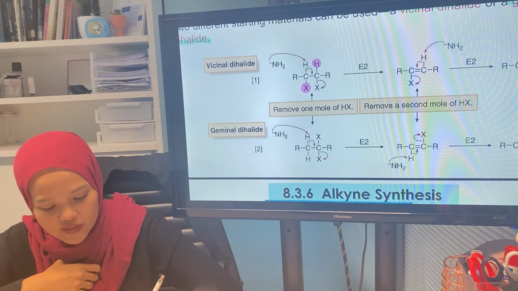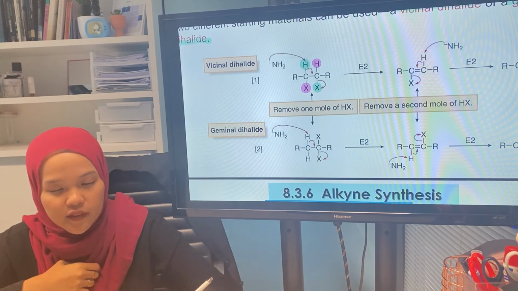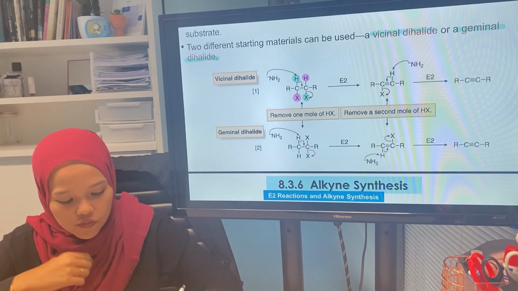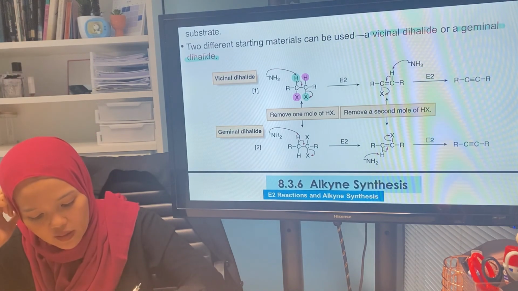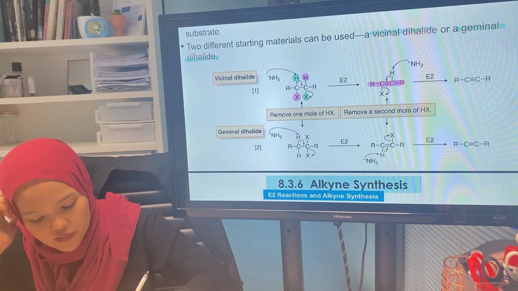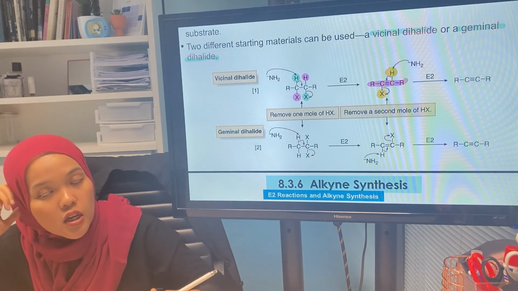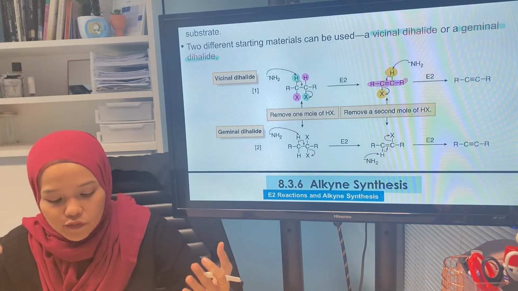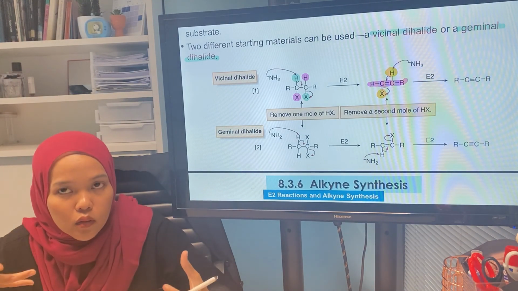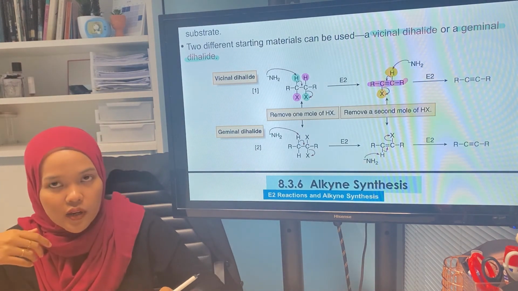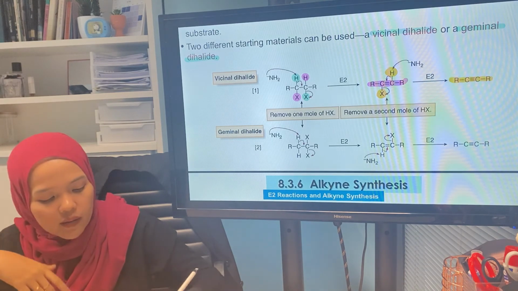The second part, you remove this X and this hydrogen. So you are going to form an alkyne, because when you have this one, you still have your halogen and also the beta hydrogen. So in this case, you can still undergo the elimination reaction. So you are going to form alkyne.